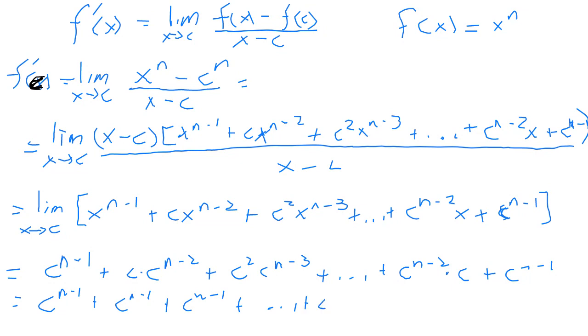But wait, how many of them are there? No, not an infinite amount. I told you how many of them there are. Remember, I told you it's going to be important later. Remember when the power was 4, how many terms were in the second bracket?